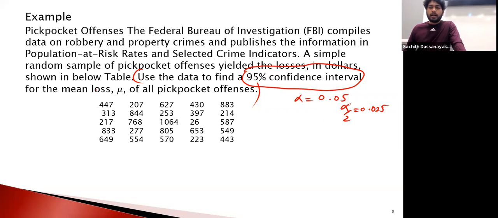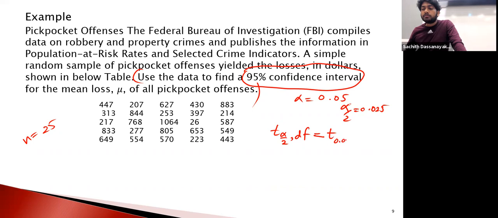How many observations? 1, 2, 3, 4, 5. 5 times 5, 25. So n equals 25. First of all, you need to find T alpha over 2.